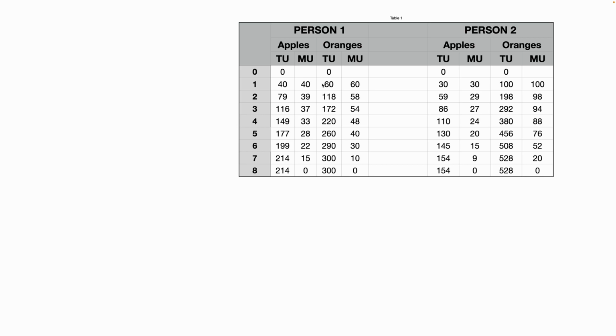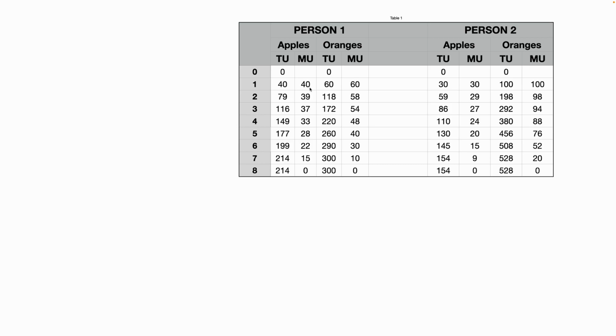The marginal utility is just the increase in total utility with the consumption of an additional unit. So if we're looking at apples, it's the increase in total utility when consuming an additional apple. When you consume no apples, this person generates no utility. When they consume the first apple, their total utility goes from 0 to 40, which means that first apple generates 40 units of utility.